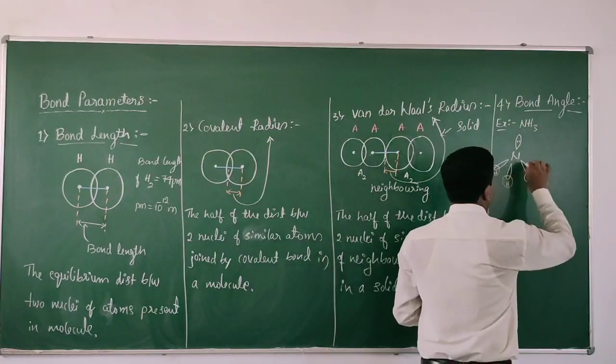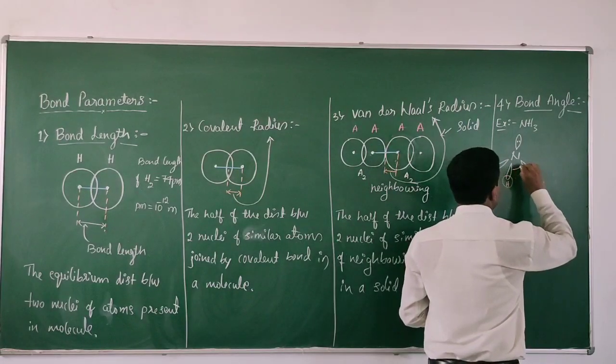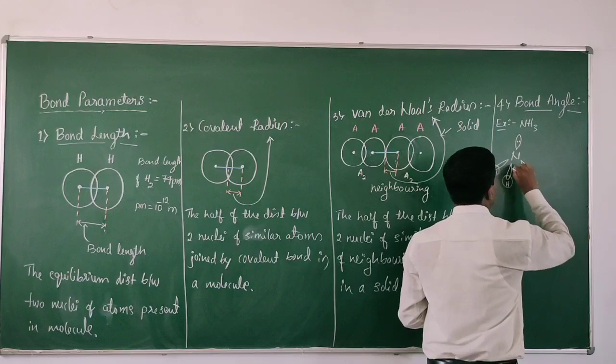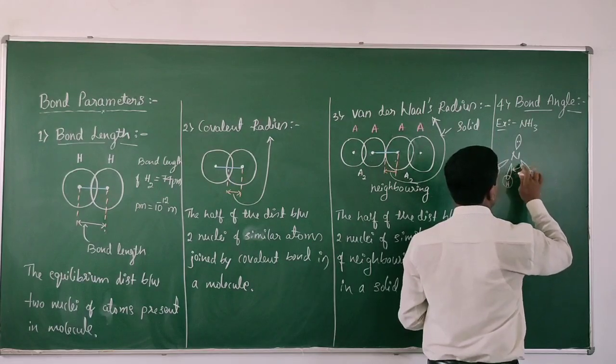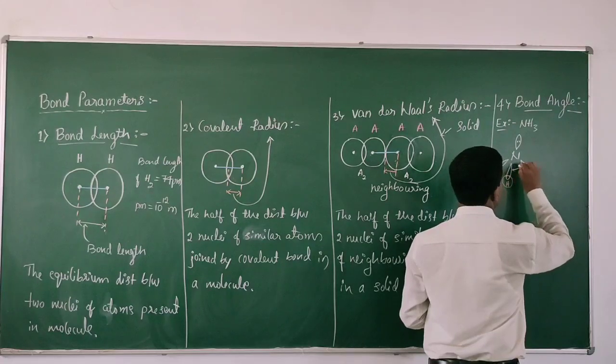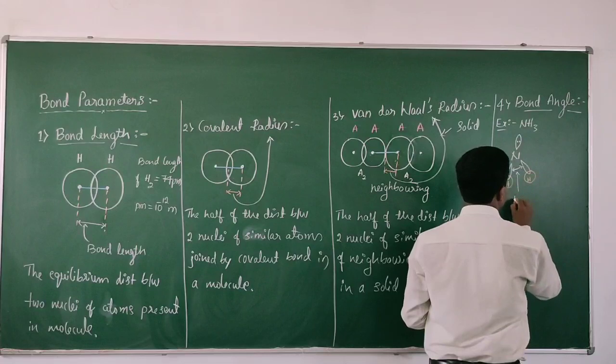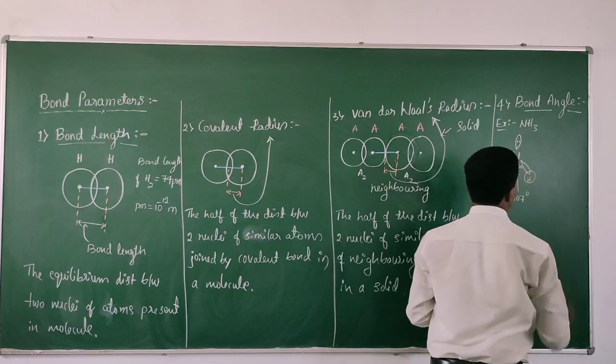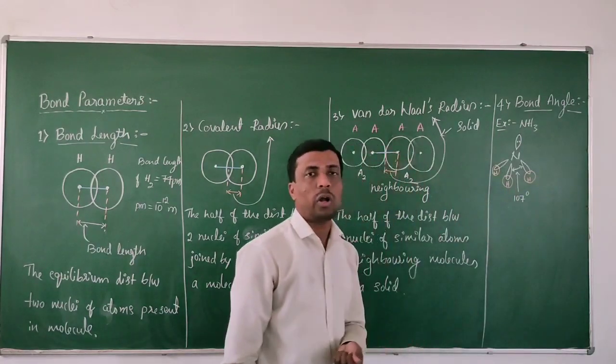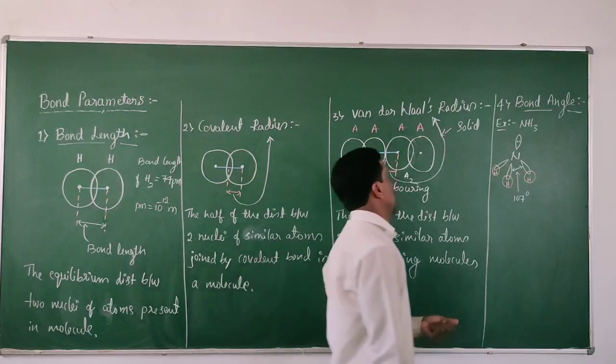The bond angle between these two bond pairs of orbitals, in the case of ammonia, is 107 degrees.